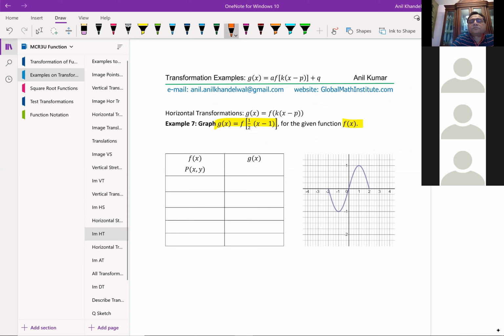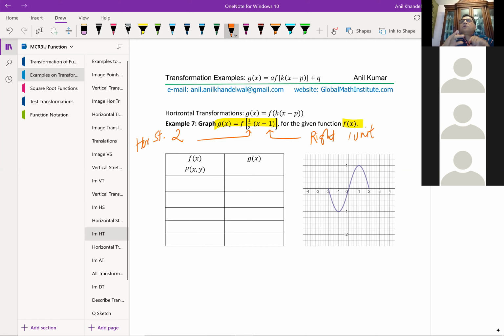So, given that the p-value is 1, it should move 1 unit to the right, and the k value is a half, and as you said, we should reverse it, right? So it would be 2. You would compress it by 2. Horizontally stretch by 2.